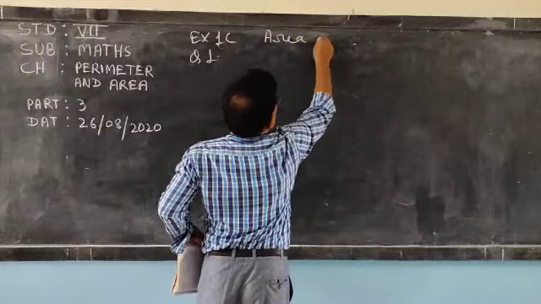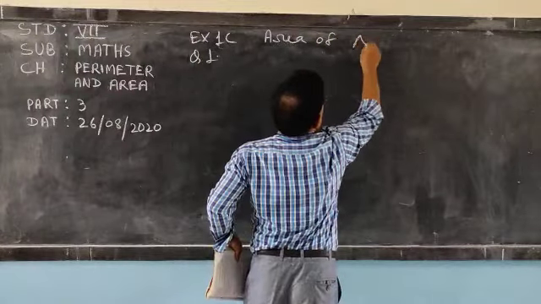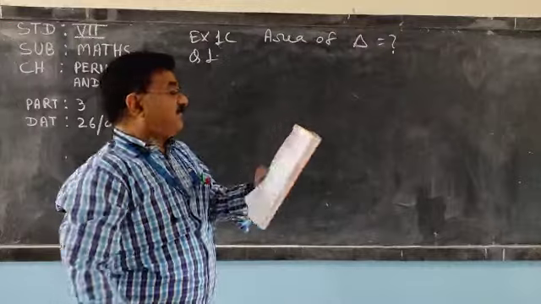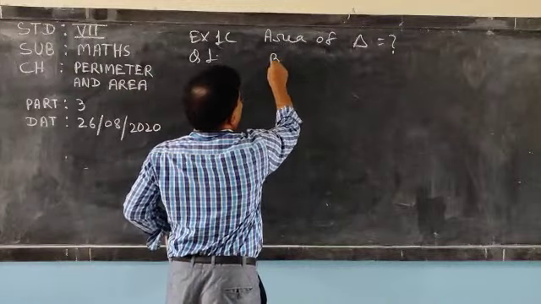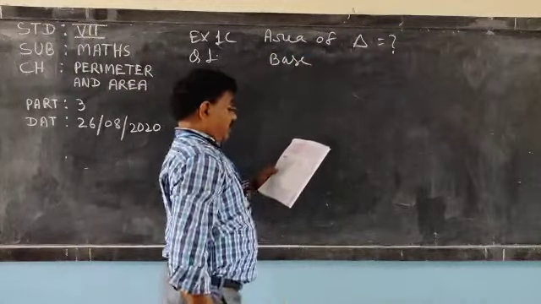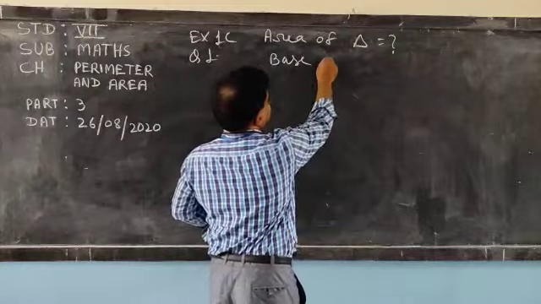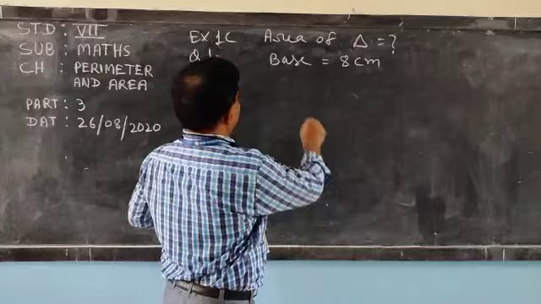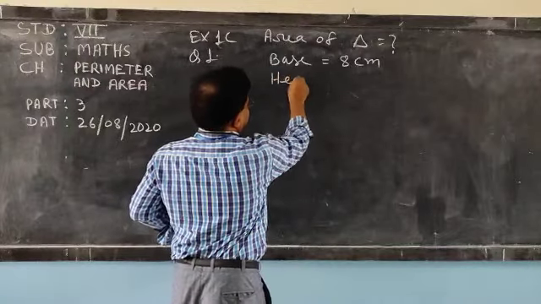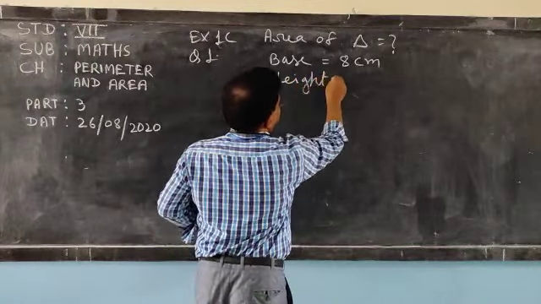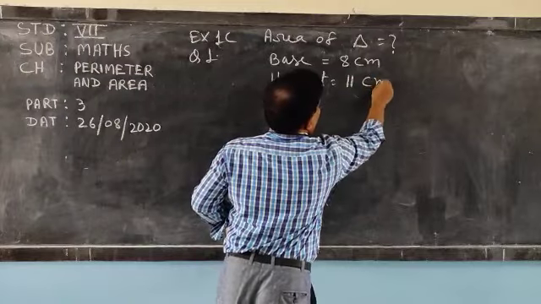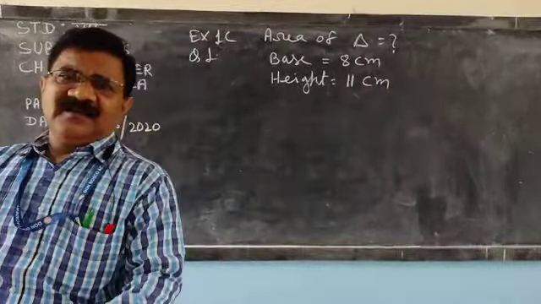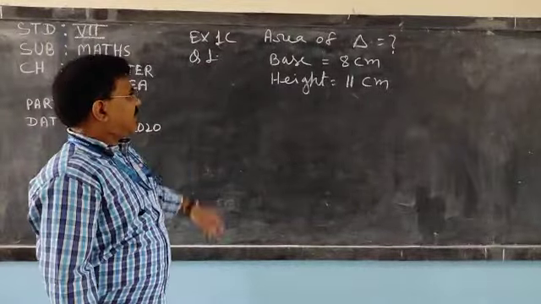The question is asked: if the base is 8 centimeter and the height is 11 centimeter, we are asked to find the area of the triangle.